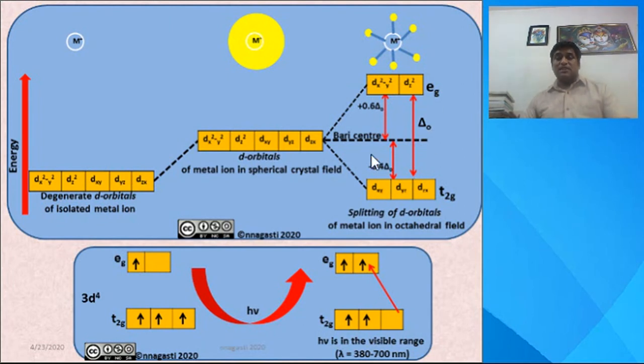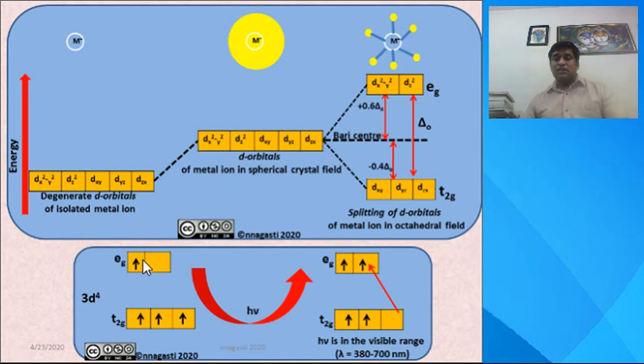As a consequence of this splitting of d orbitals, look at how electronic transition takes place. Let's say a complex having a metal ion with 3d4 electronic configuration.